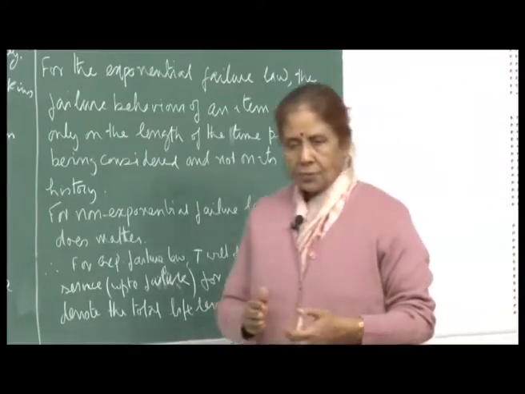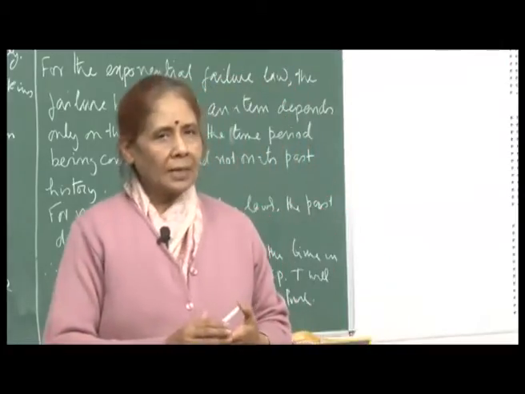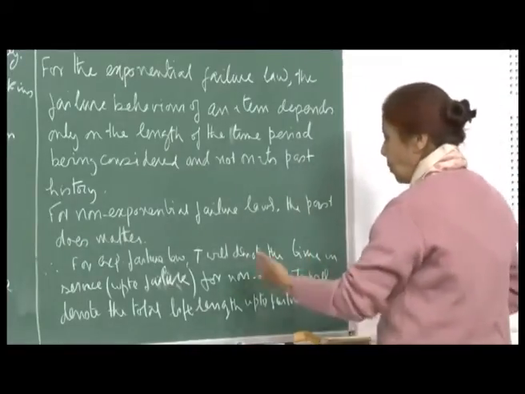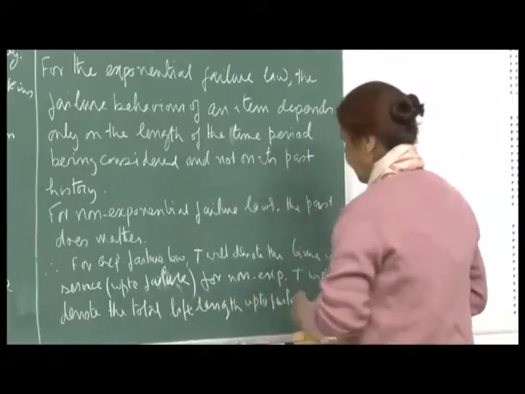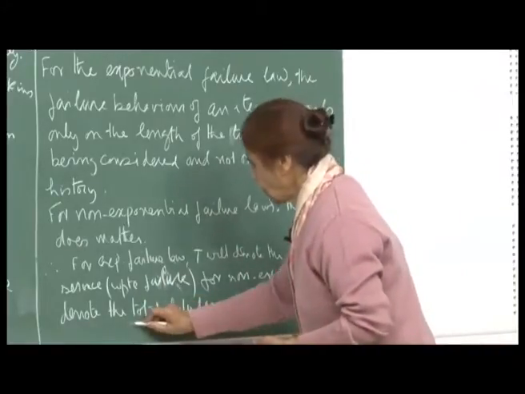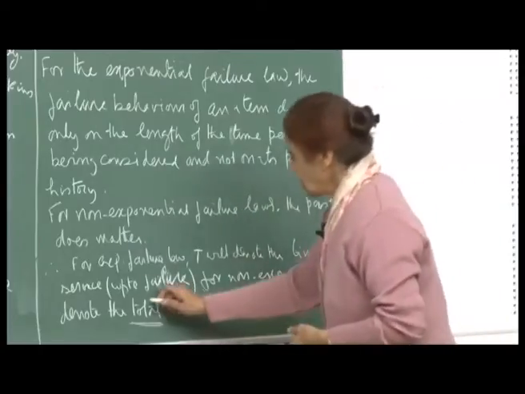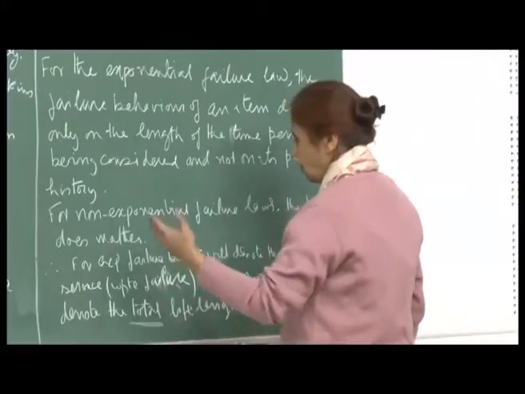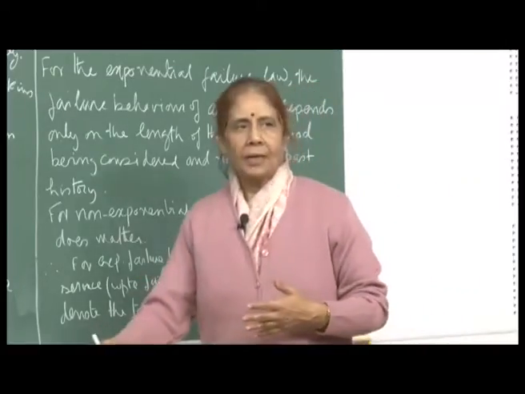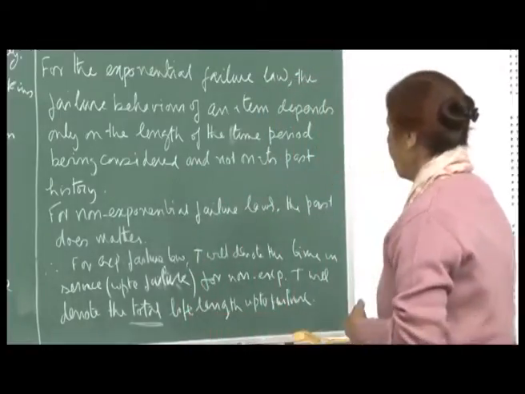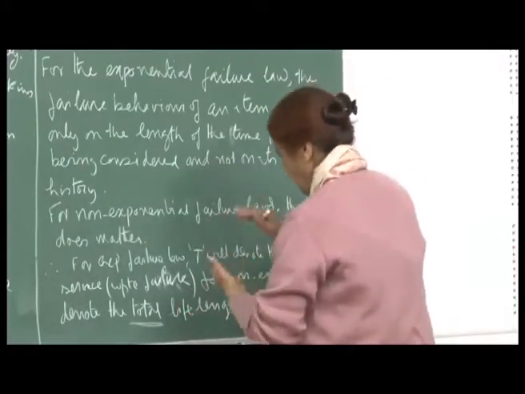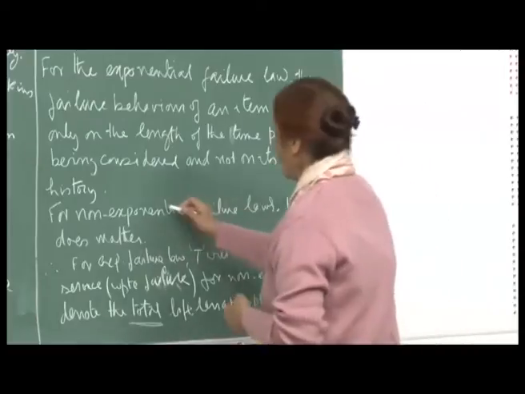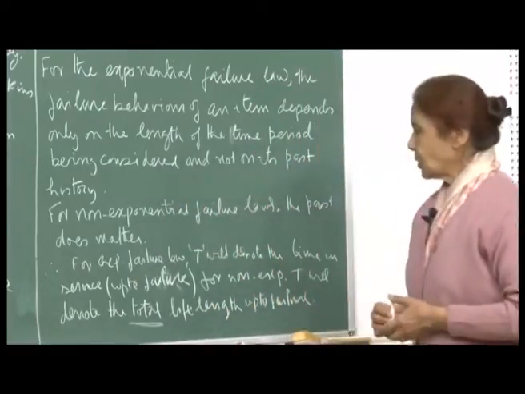So, you started functioning from whatever time you count from, and so capital T, the random variable, will in that case denote the total life length up to failure. Total means that whenever you start service or start using the item, you start counting your time from there, whereas here it does not matter, you start counting from any point and then up to failure. So, it is important to understand the differences between how you count the time for the exponential failure law and for a non-exponential failure law.